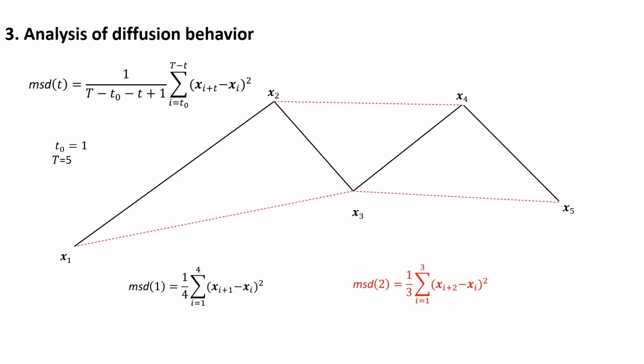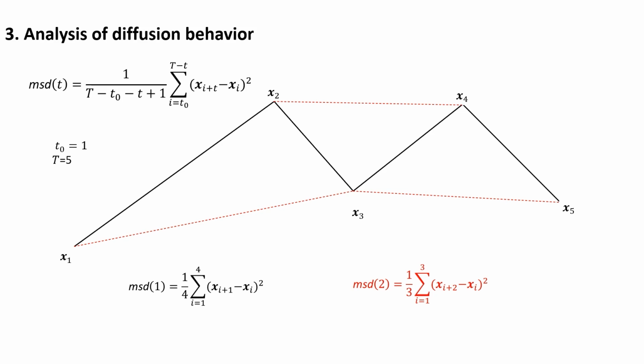If t equal 2, we consider the distance between the first and third points, the second and fourth points, and so on. By considering the square distances, summing all of them, and dividing by the number of elements in the sum, we obtain the mean square displacement at that time.